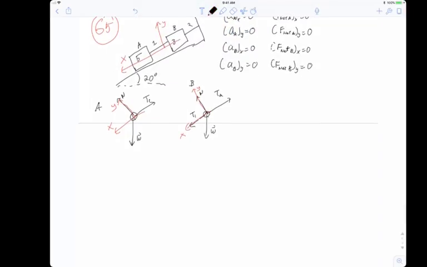Let's see. So the weight for the first one in the x direction, weight for this first one in the y direction are 9.81 times 5 times cosine of 20. That's minus 46 newtons. 9.81 times 5 times sine of 20.